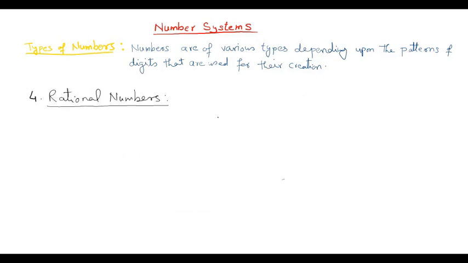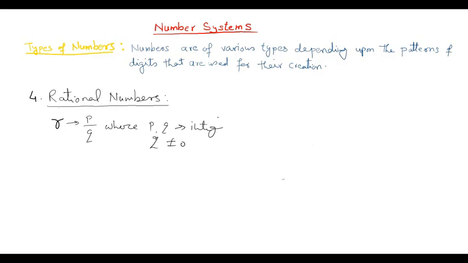So next are the rational numbers, or परिमेय संख्या. A number r can be said to be a rational number if it can be written in the form of p by q, where p and q are integers and q is not equal to 0.